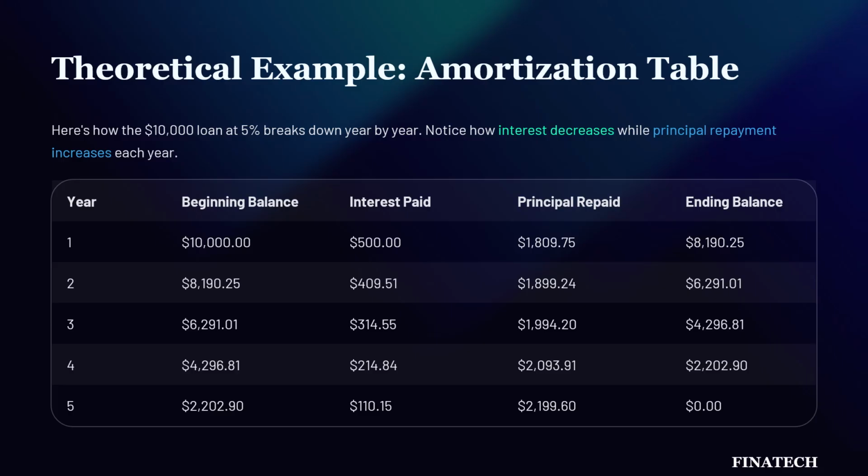The fourth year, you pay 2,202. And the fifth, the last, you don't pay anything. You see, your loan balance decreases each year if you know how to use the amortization table.